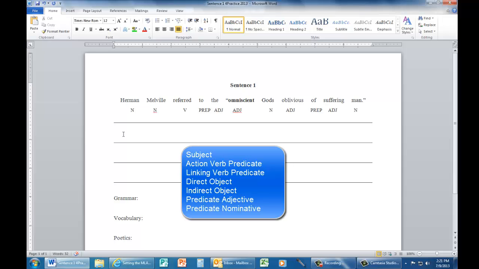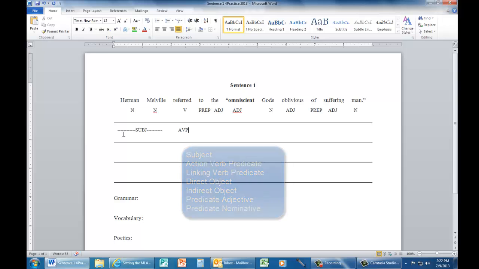In this case, we will identify Herman Melville as the subject by using a dotted line, the abbreviation SUBJ, and again dotted lines to show where it begins and ends. The predicate is referred, and because it is an action verb, we will identify it as A for action, V for verb, P for predicate. There are no other essential elements in this sentence.